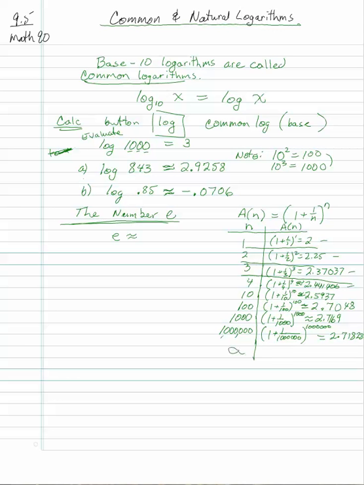So if we go to infinity, if we could calculate it, we can't, but if we could, that's going to be close to this number, which is about 2.71828, if I even did a bigger number.